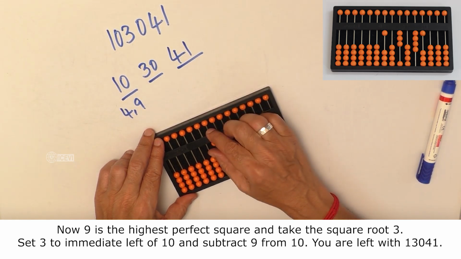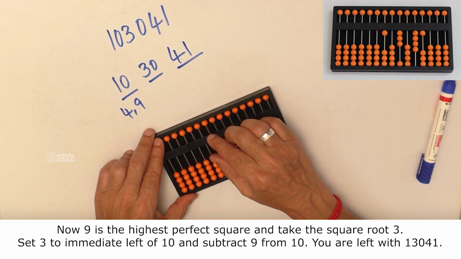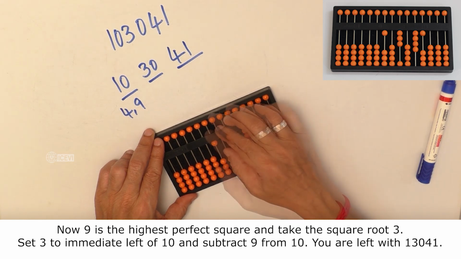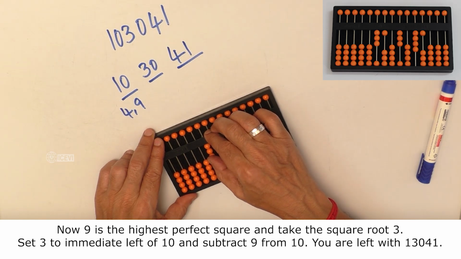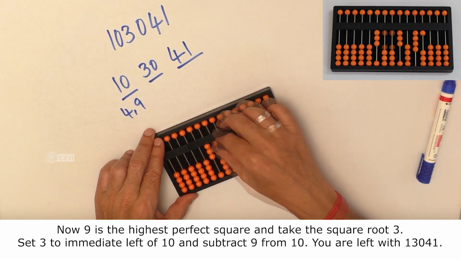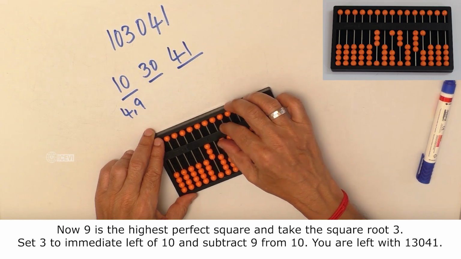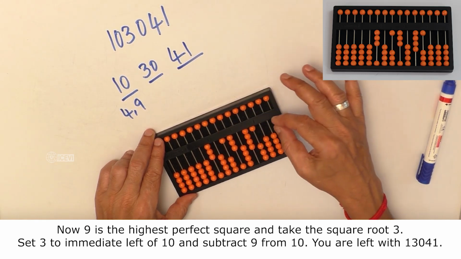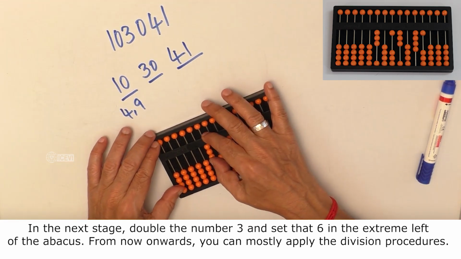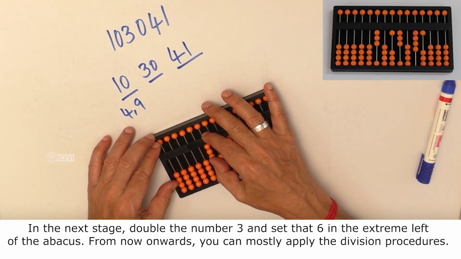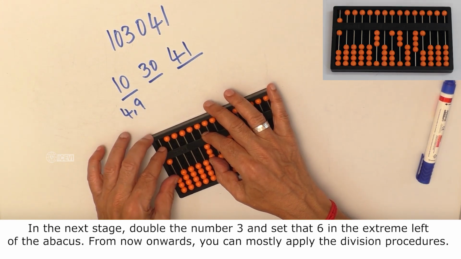Set 3 to the immediate left of 10 and subtract 9 from 10. Now you are left with 13,041. In the next stage, double the number 3 and set 6 in the extreme left of the abacus.